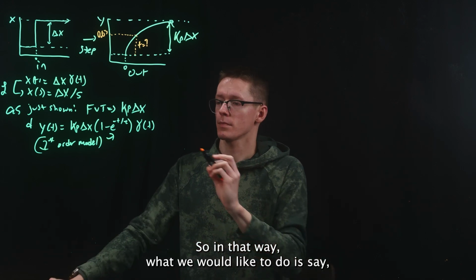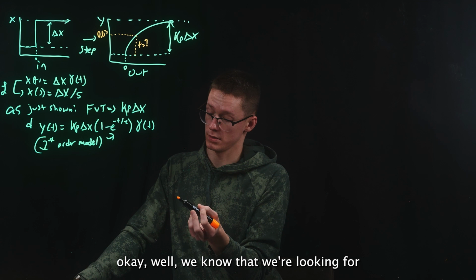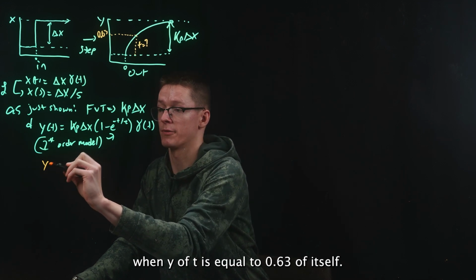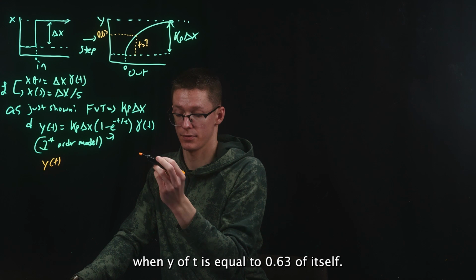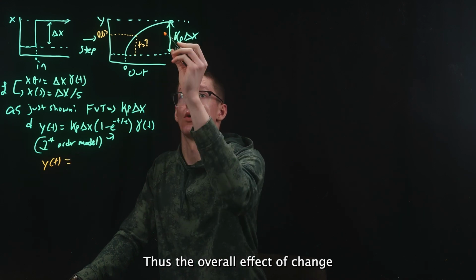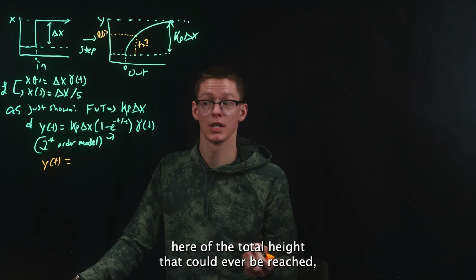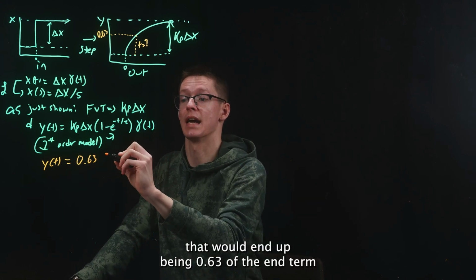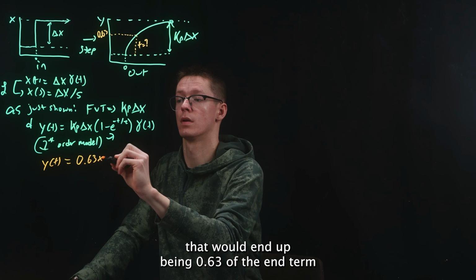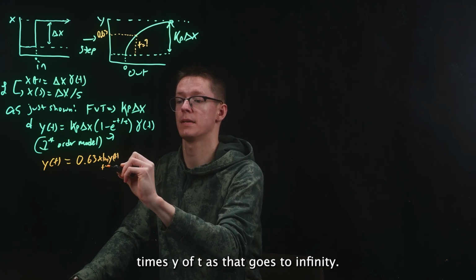So in that way, what we would like to do is say, okay, well, we know that we're looking for when y of t is equal to 0.63 of itself. Thus, the overall effective change here of the total height that could ever be reached, that would end up being 0.63 of the end term times y of t as that goes to infinity.